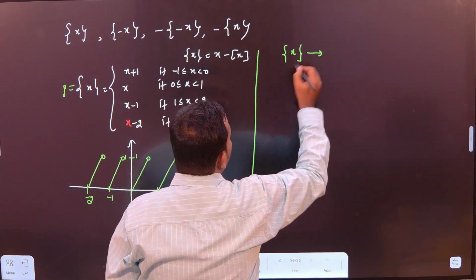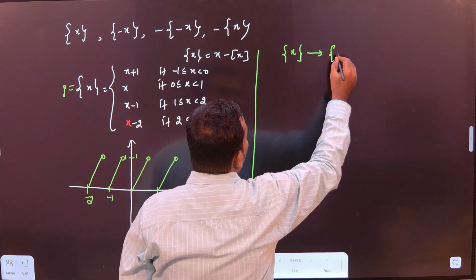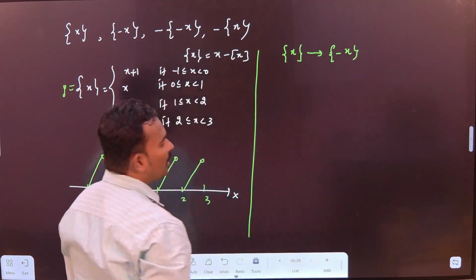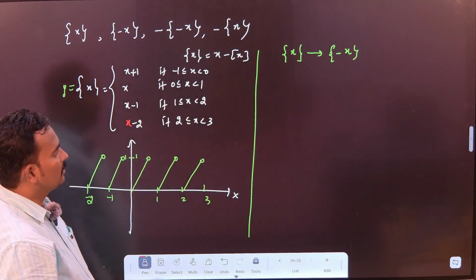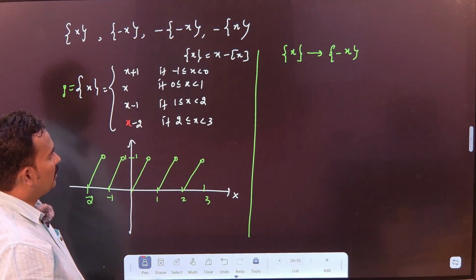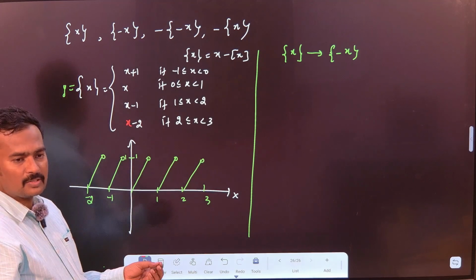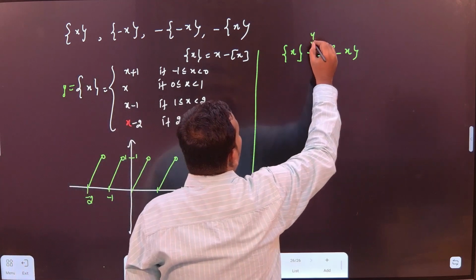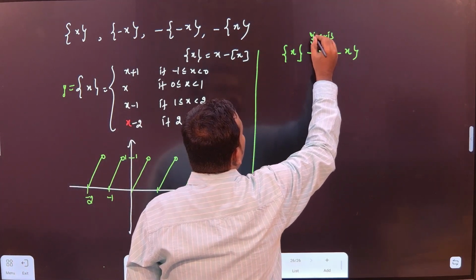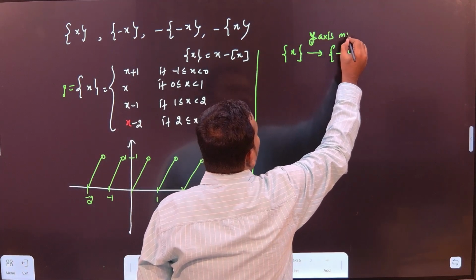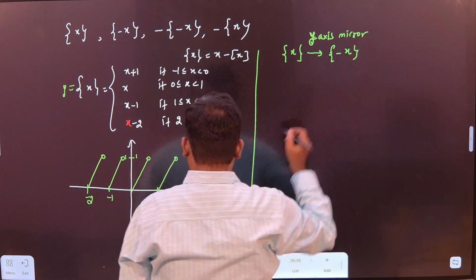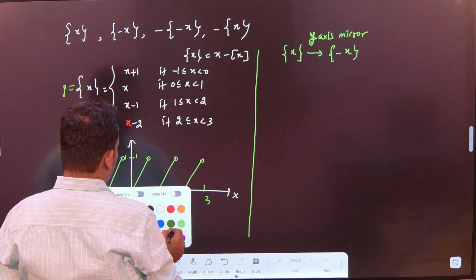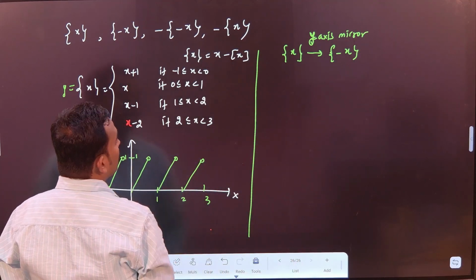Fractional part function of x changes to fractional part of minus x, right? Then x changes to minus x means you have to take the y axis as the mirror. So here is the y axis as the mirror, right? Clear?